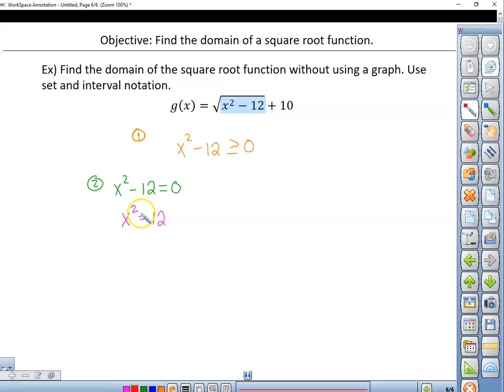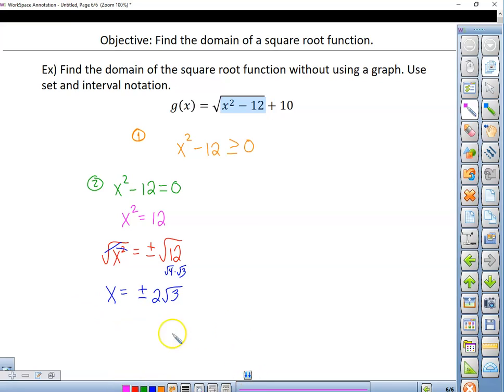Now here we are using the full square root property, which means we need to understand x can be positive or negative. So we have the square root of x squared equals plus or minus the square root of 12. And so our square and square root undo each other. We get x equals, and in this case also, we would be expected to simplify the square root of 12, which remember is the square root of 4 times the square root of 3. So we get positive or negative 2 times the square root of 3.